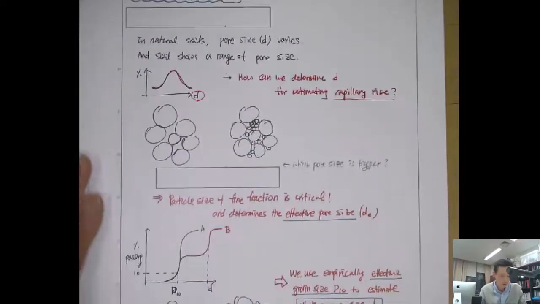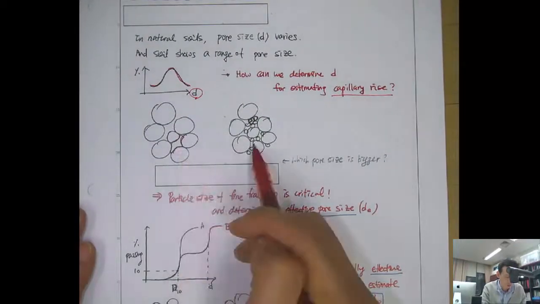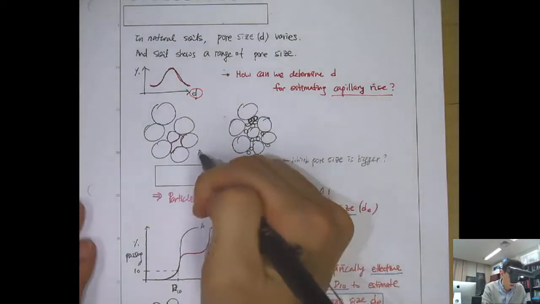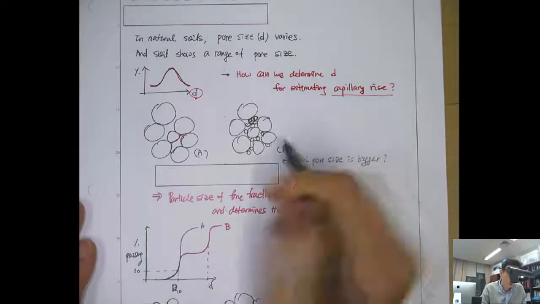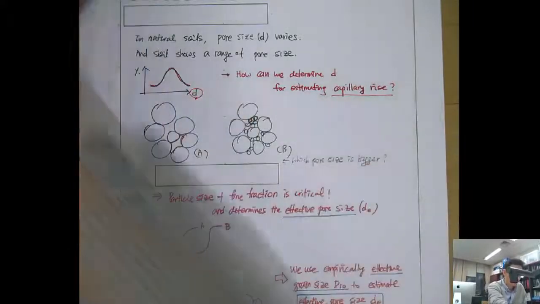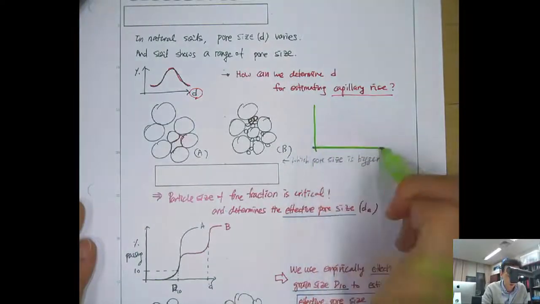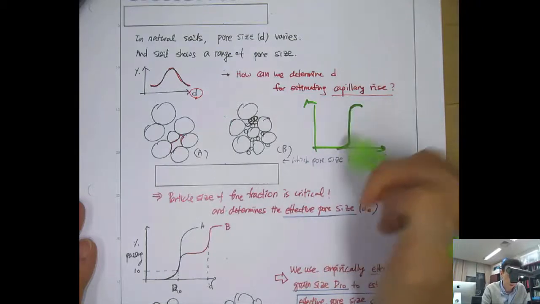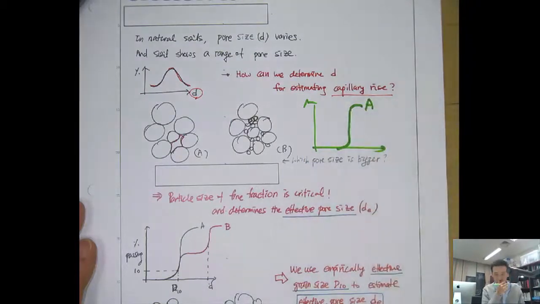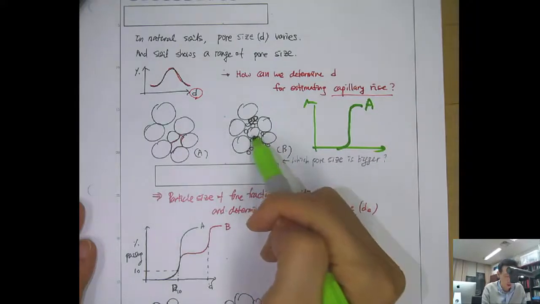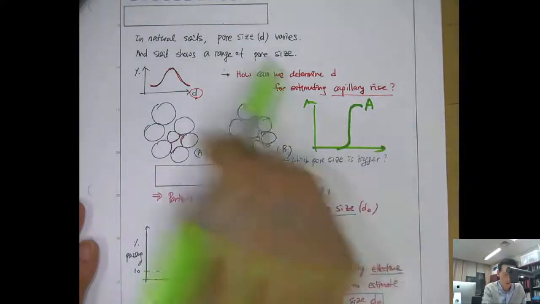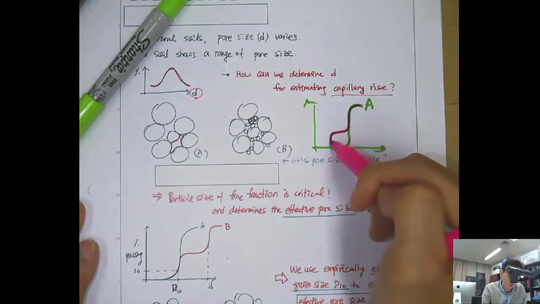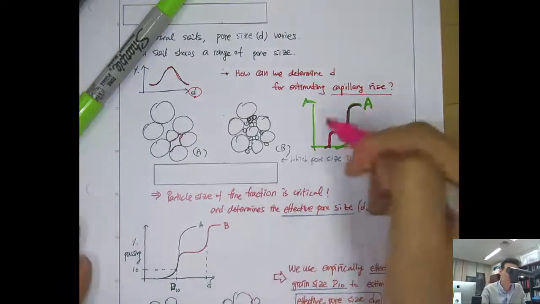Let's think about these two soils. Let's say this is soil A and this is soil B. The particle size distribution of A is quite uniform, so it will be like this. B has large particles and small particles, so B will be maybe like this.